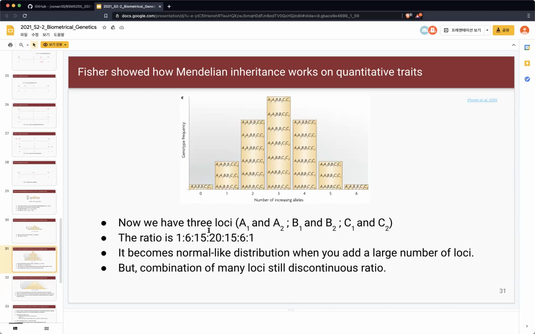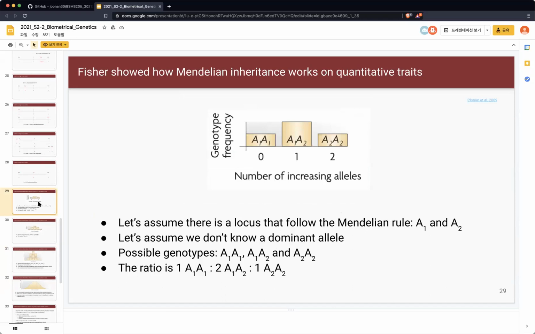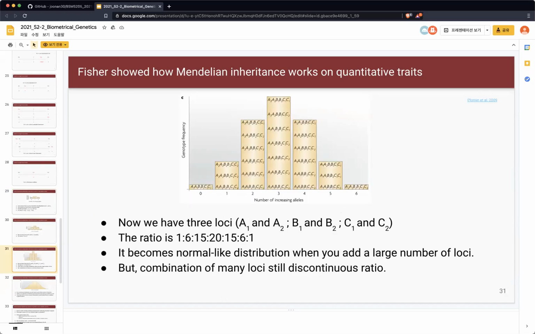You can see from this 1 locus, 2 loci, and 3 loci situation that the distribution of the genotypes is getting some distribution. It's like a normal-like distribution, right? So Fisher's idea, as Brownlee's idea, is that when you add a large number of loci, you get the normal-like distribution.